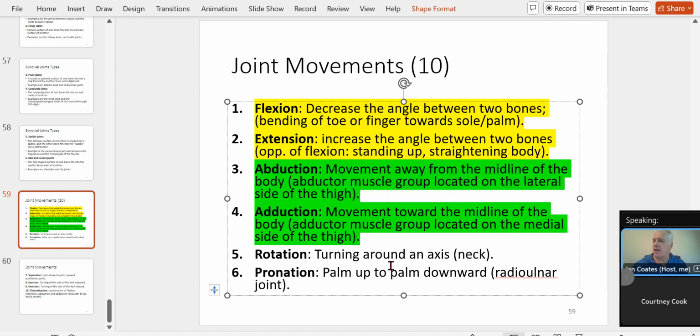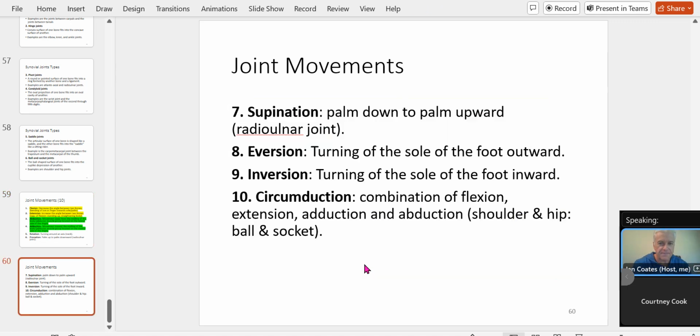Rotation, turning around an axis. Pronation, palm up to palm down. Strange, eh? Palm up to palm down, foot up to foot down. That's what we call pronation. Supination, palm down to palm up.